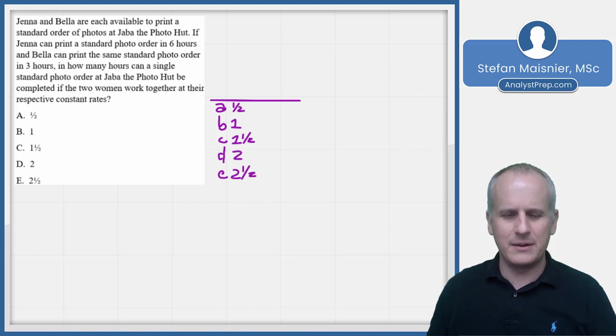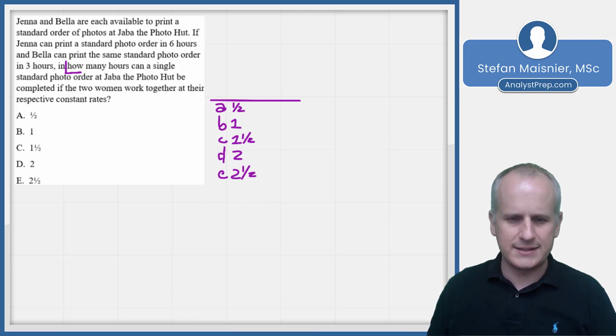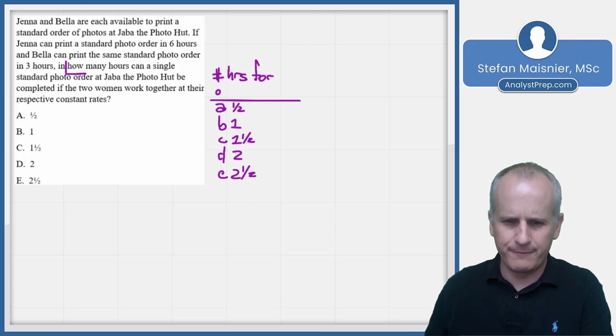And we skip to the end, and we figure out what we're being asked for. And we're being asked for in how many hours can a single standard photo order at Jabba the Photo Hut be completed if the 2 women work together at their respective constant rates. So we're looking for the number of hours for an order together.